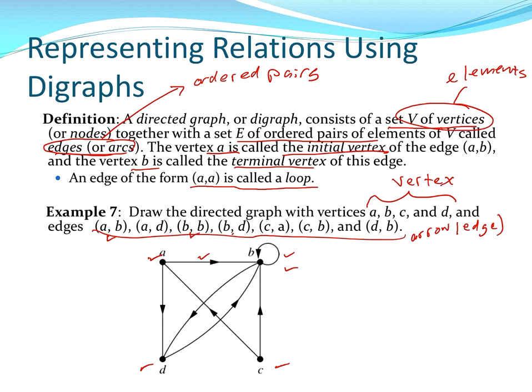Notice that there is no edge B to A because BA is not in my relation, but DB and BD are both on the digraph because BD and DB are in the relation. So there'll be the same number of edges as there are ordered pairs in the relation.